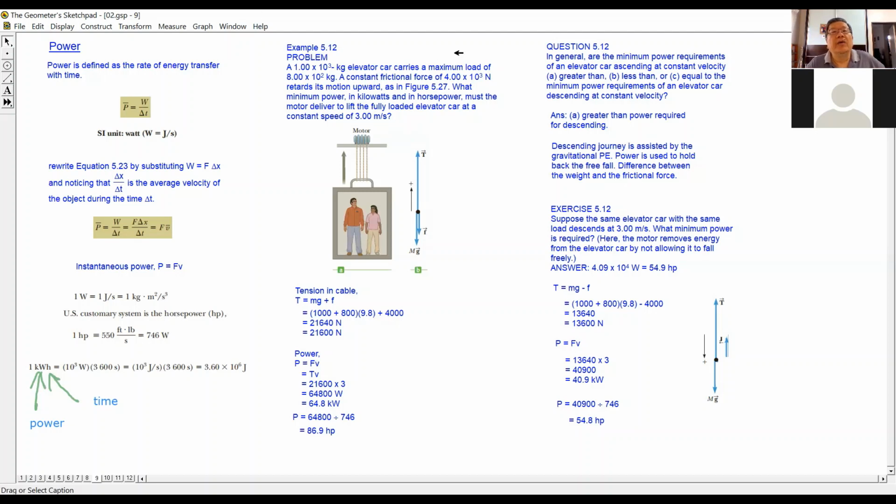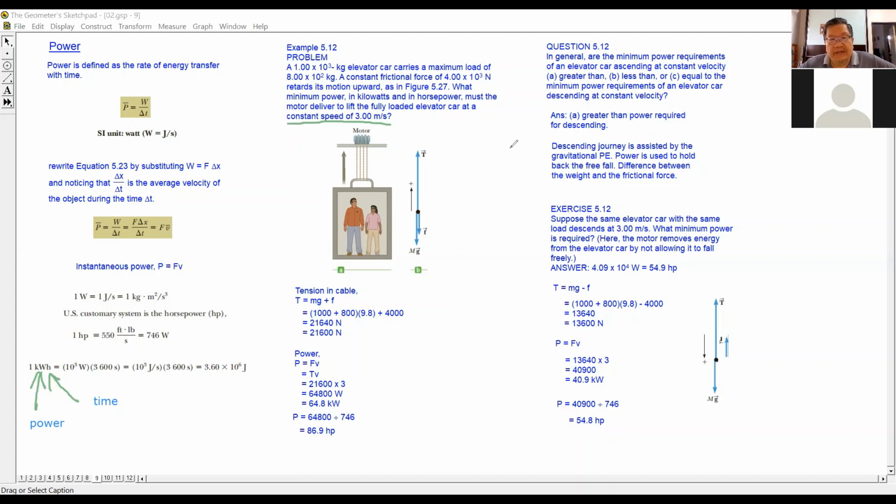Okay, I want to explain this constant speed of 3 meter per second. When the elevator car is moving with a constant speed, that means it is not accelerating. So there will be no net force.